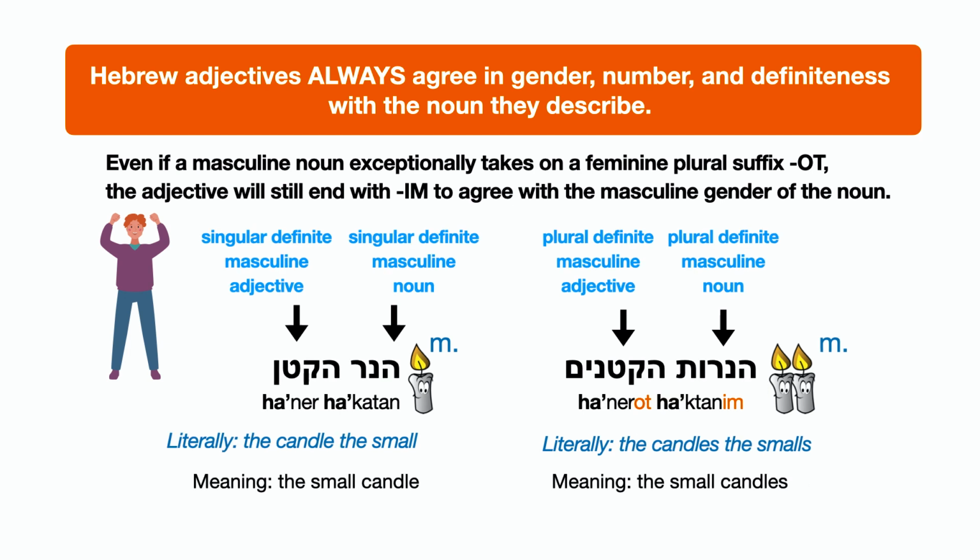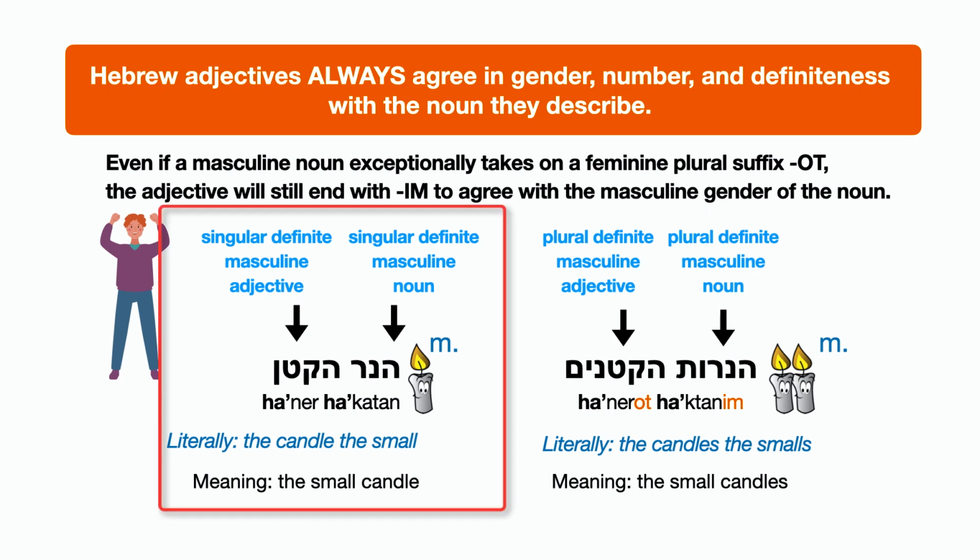And since Hebrew adjectives also agree with the definiteness of the noun being described, the adjective will also be a definite adjective. So let's take a look at this example. Previously we saw a small candle. It's just any candle. But here we want to say the small candle.